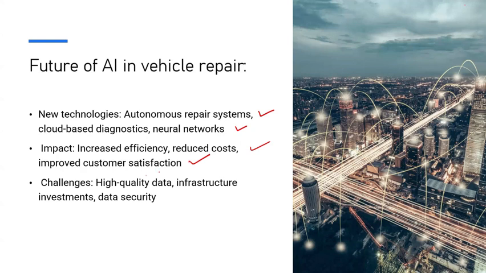High quality data. That means the quality of data may not be that high. Infrastructure investment: it requires a huge infrastructure. Like the centers will first install, and that information should also be relayed to all other service centers, so that you can maintain a strong network of high quality repair services because all your service centers are connected.